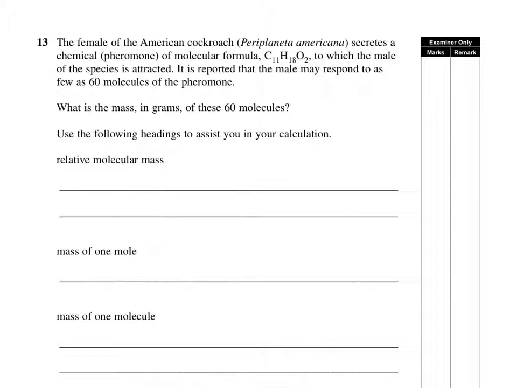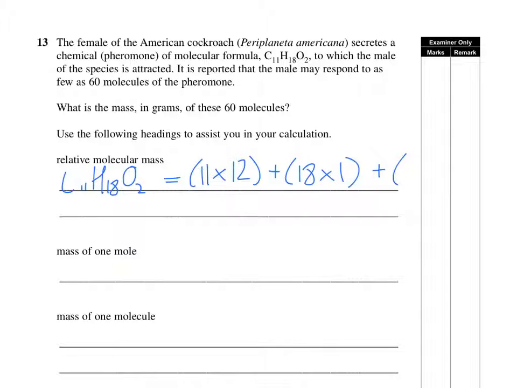So the relative molecular mass, we know our formula is C11H18O2, and so the RFM of that is going to be 11 times 12, as 12 is the mass of carbon, plus 18 times 1, as there are 18 hydrogens, and there are 2 oxygen atoms, and so that is 2 times the mass of oxygen, which is 16.